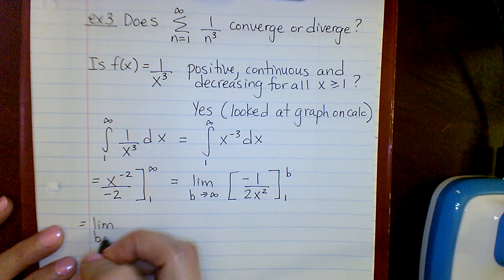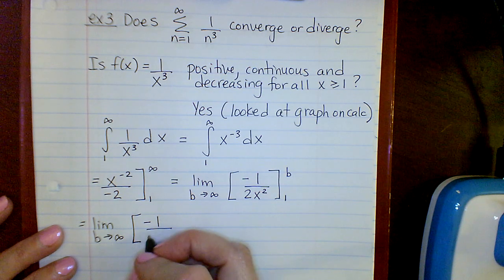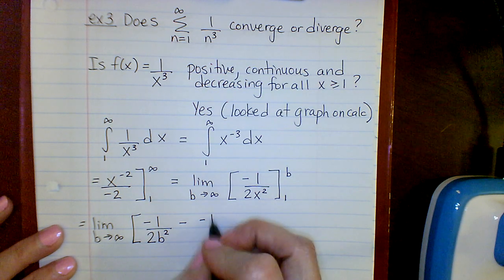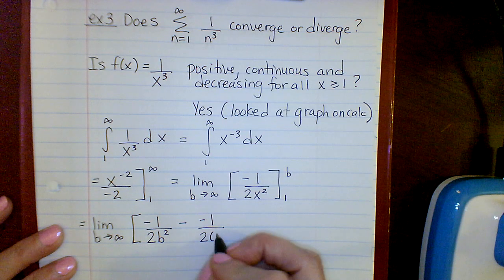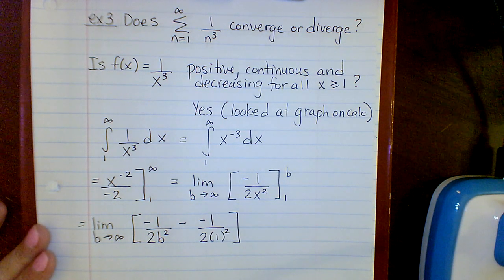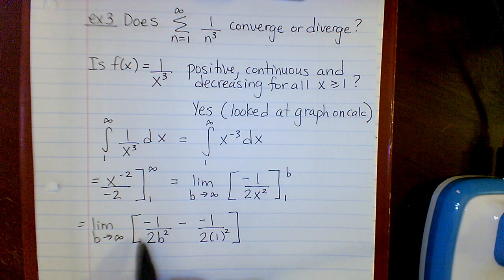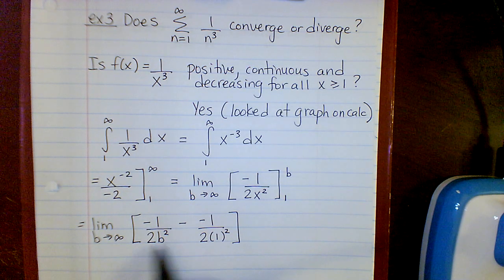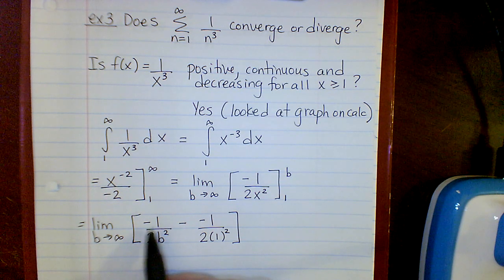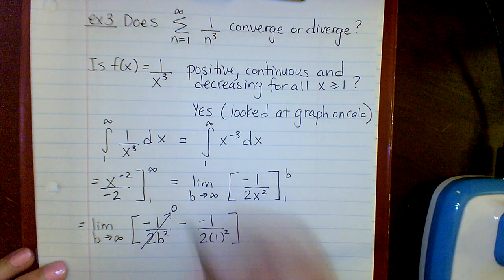So that's the limit as b goes to infinity of negative 1 over 2b squared minus negative 1 over 2 times 1 squared. As b goes to infinity, we've got negative 1 over something getting big, big, big. We know that 1 over big is 0, so that's going to go to 0.